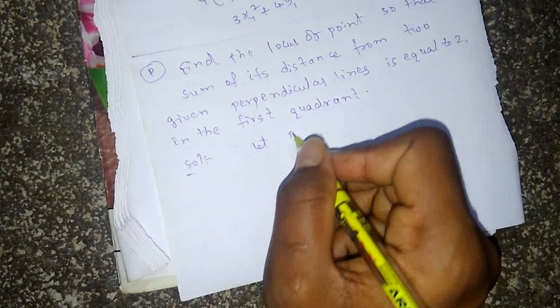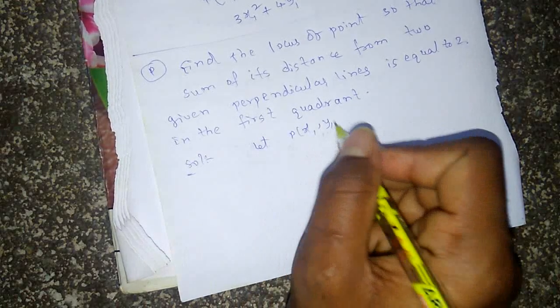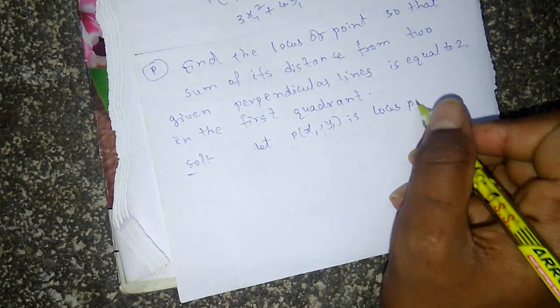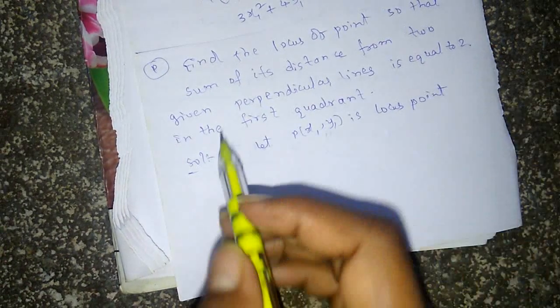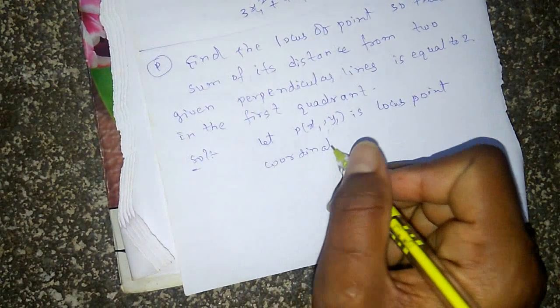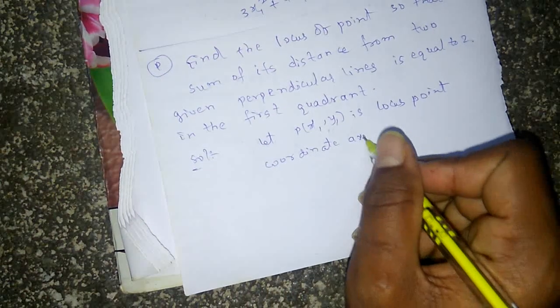So let P(x1, y1) be the locus point. Here two perpendicular lines are mentioned, so let us take the coordinate axes as the perpendicular lines for our convenience.